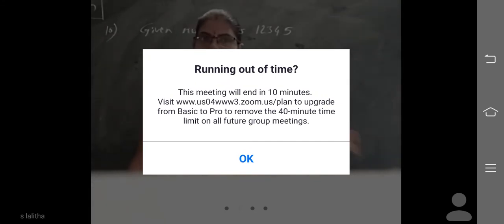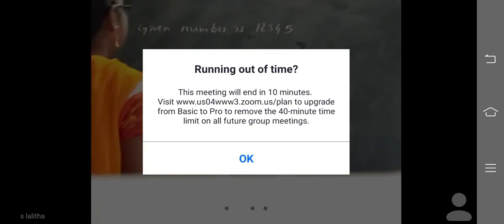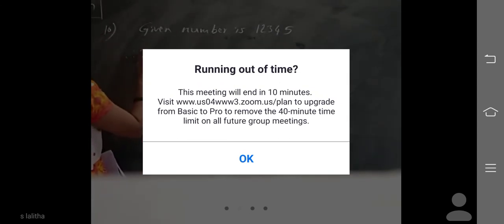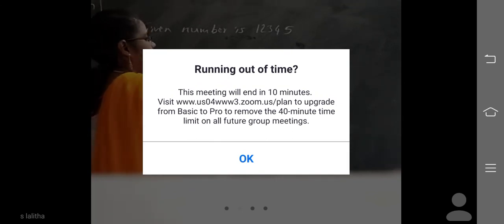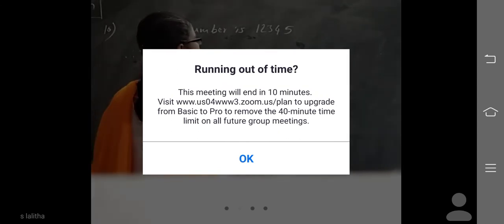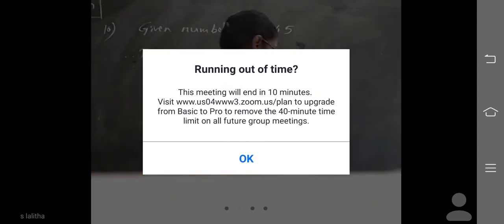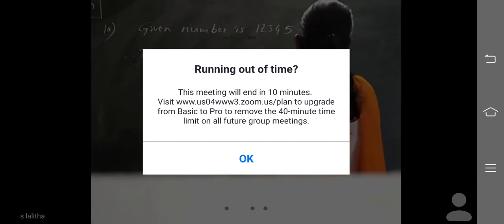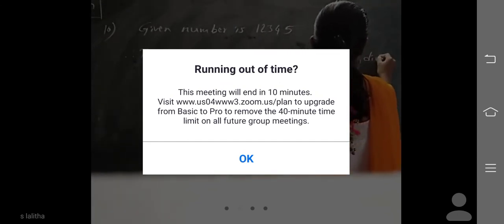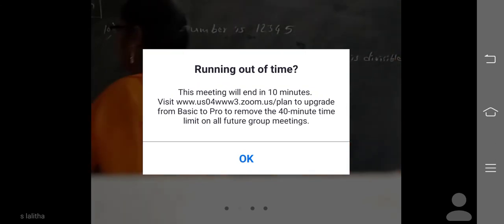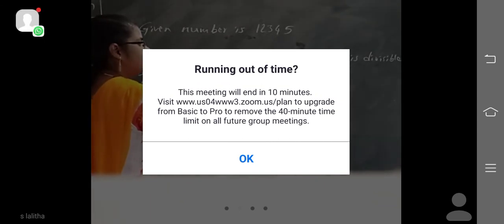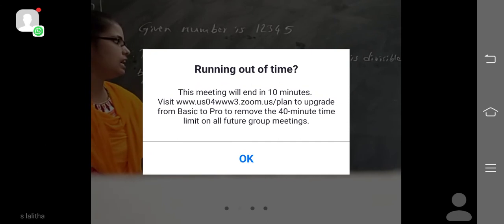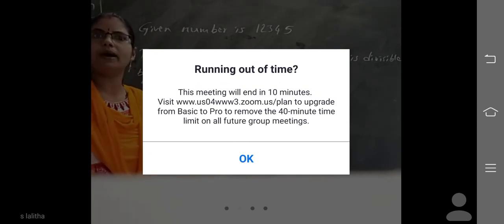So the nearest number to 12,345 which is divisible by 4 is 12,344. The last two digits 44 are divisible by 4, so the whole number is also divisible by 4. That is the rule. Okay children? Right.